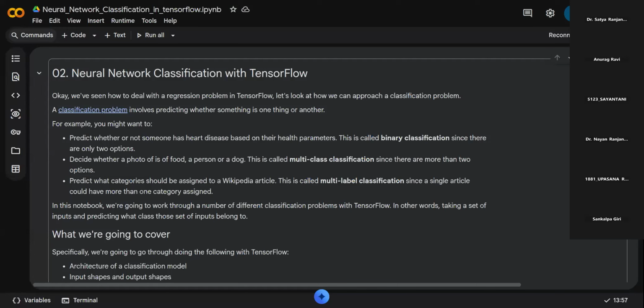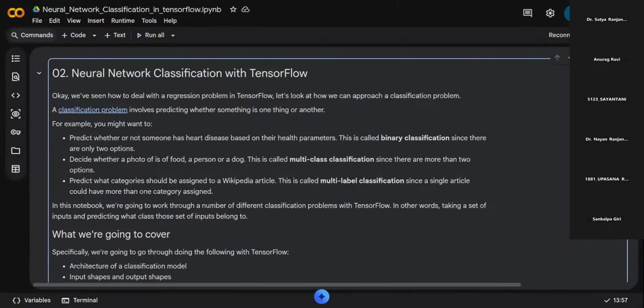So let's see, any other question? Let's quickly see the implementation. Okay, is it visible? Yes.